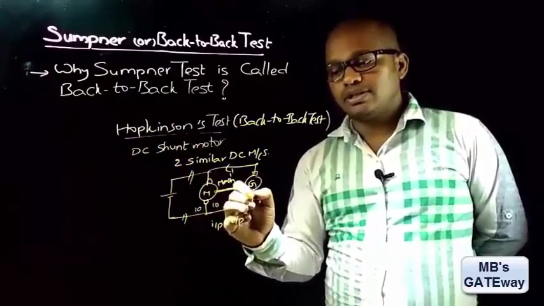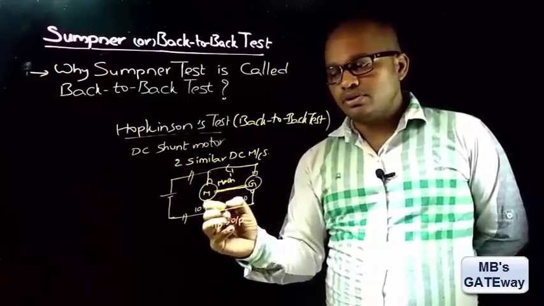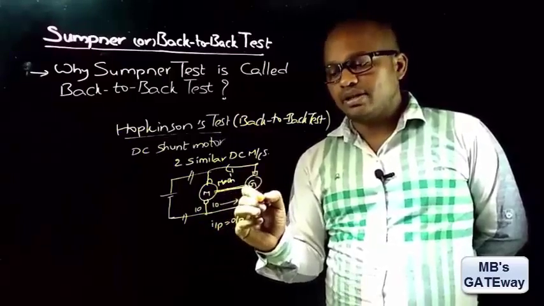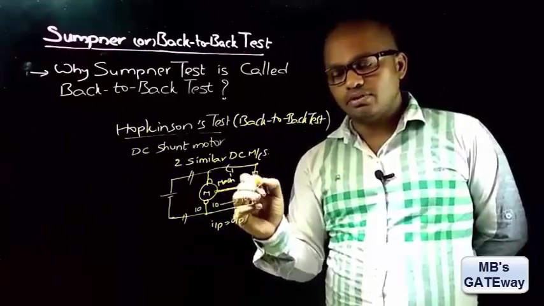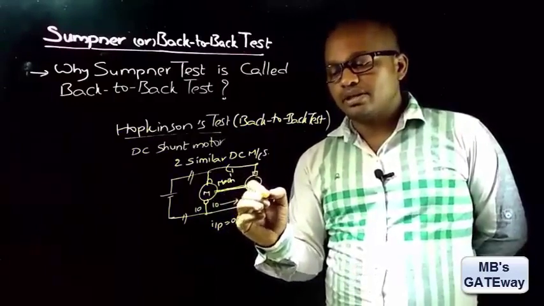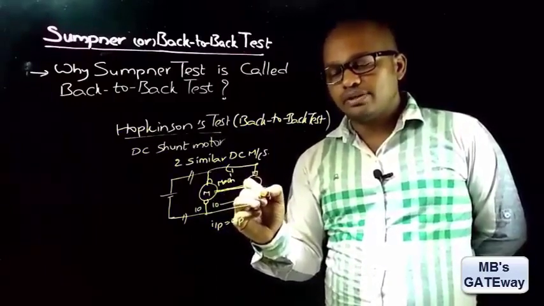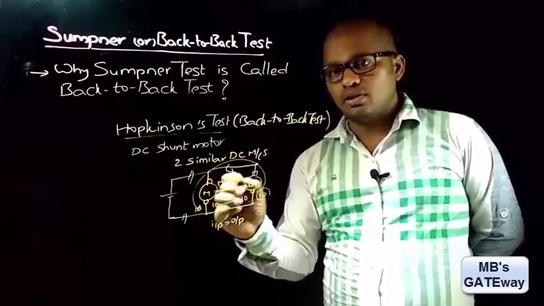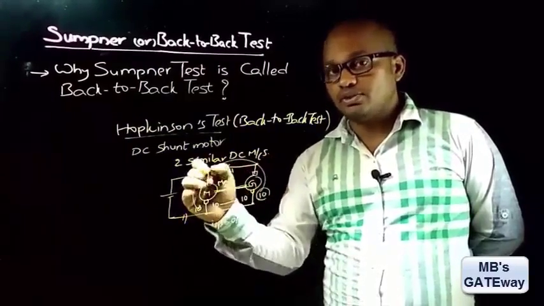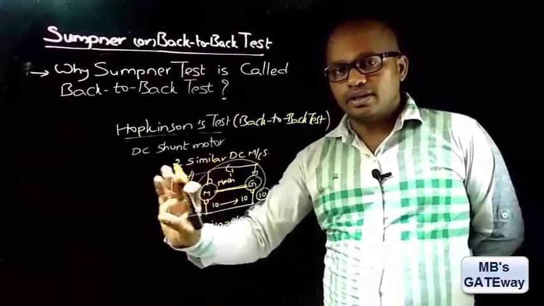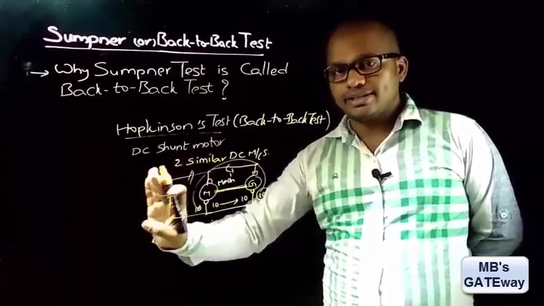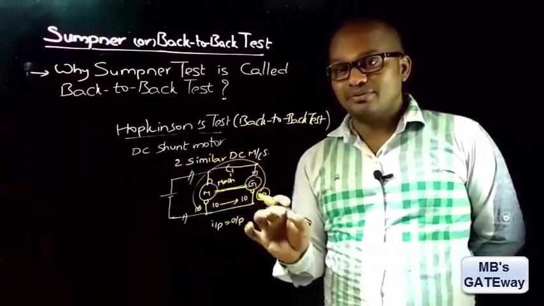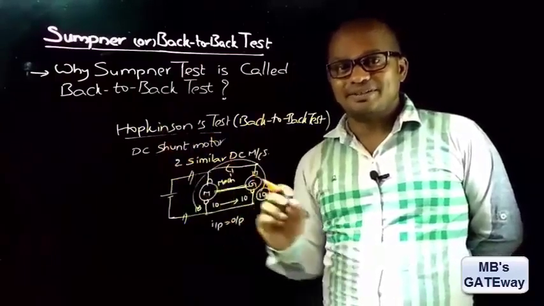Let us suppose this generator requires 10 as input, so this 10 is given to the generator and the output is 10, because we are considering the ideal case, and this 10 we feed back to the DC motor. So now as the motor is getting its input from the generator, there is no requirement of the external source, so you can disconnect it and these two machines will run continuously without any external supply.